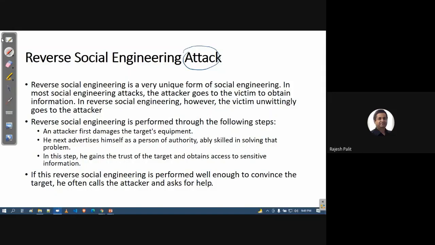Say for example, he may damage your network cable and then come to your neighborhood or your room, just like an employee of the network department or support department. So when you ask for help, he will ask for your username and password, this and that, and reveal your information, okay. So that is reverse social engineering. That means the victims are forced to go to the attackers, rather than the attackers coming to the users.